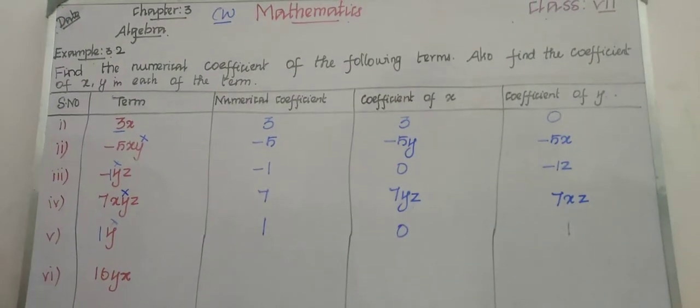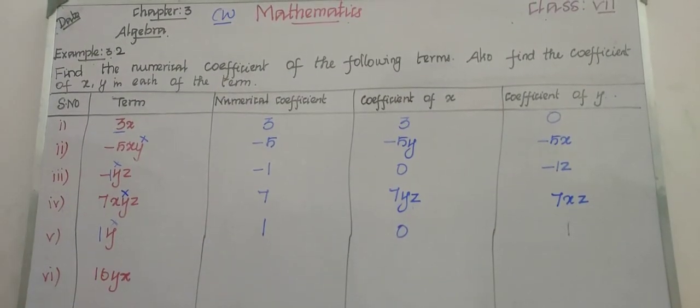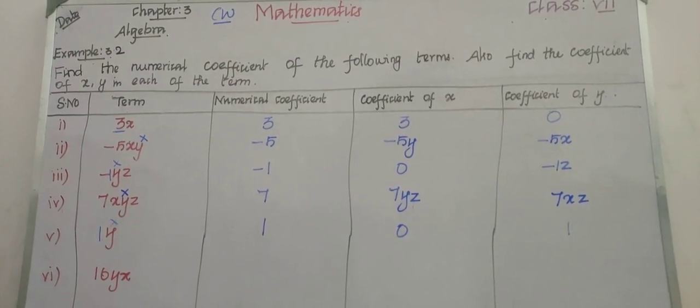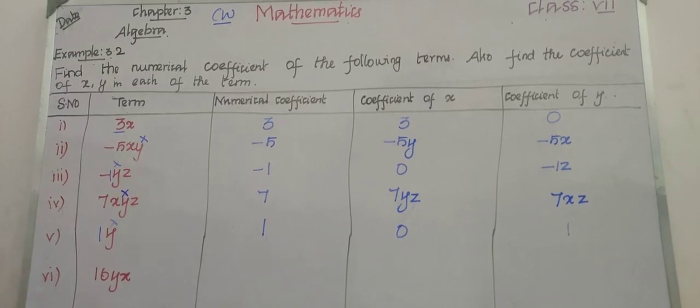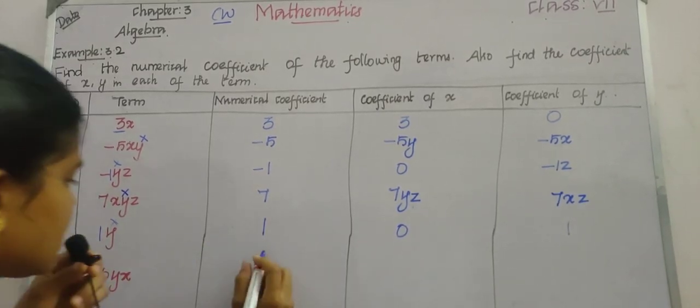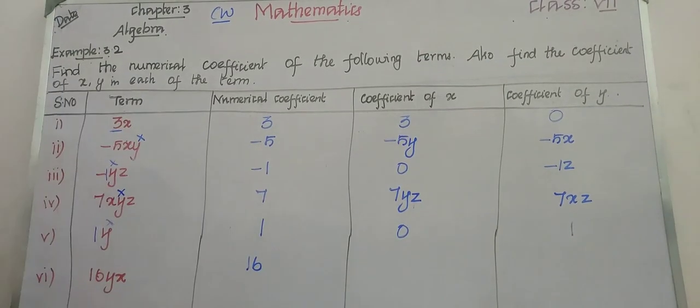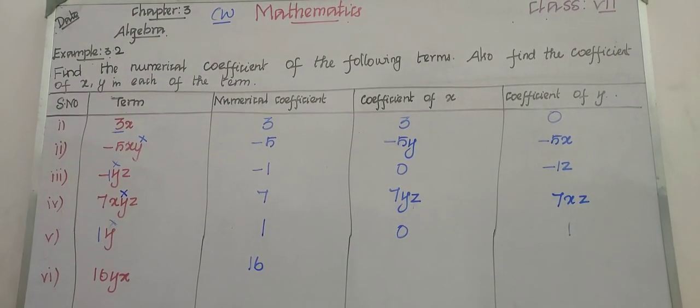Okay, children. And see the last one, 16yz. What is the numerical coefficient here? 16 is the numerical coefficient. And then what is the coefficient of x? Leaving x, the remaining all others are the coefficient of x.